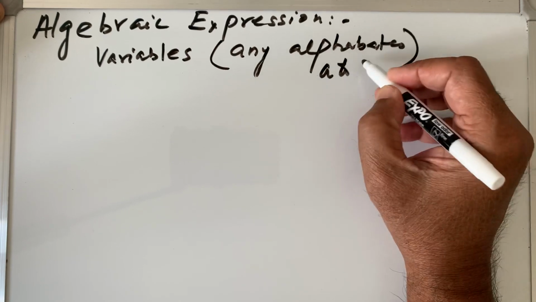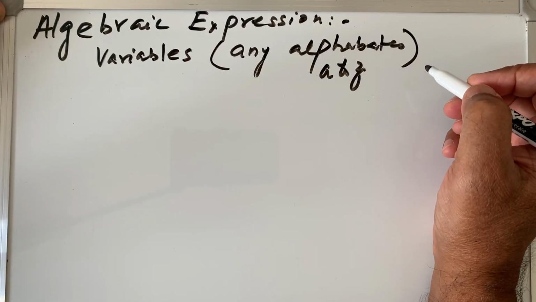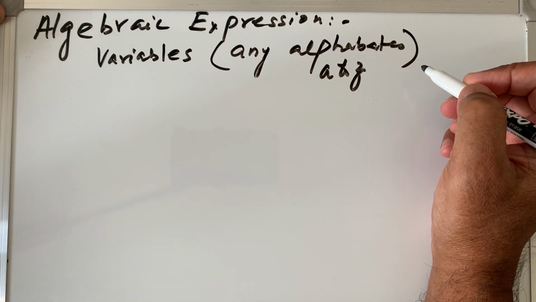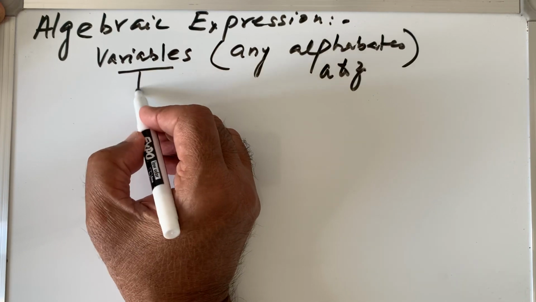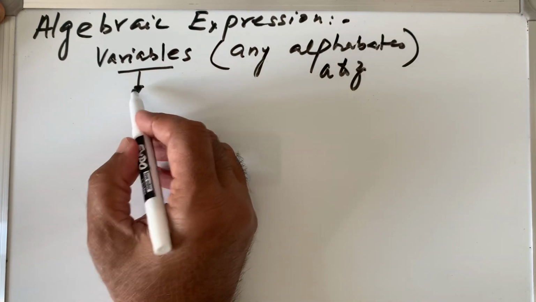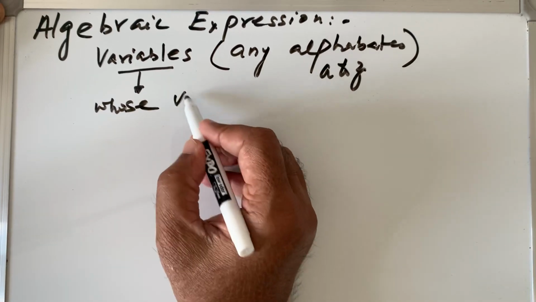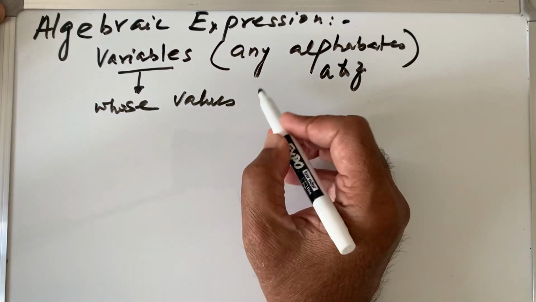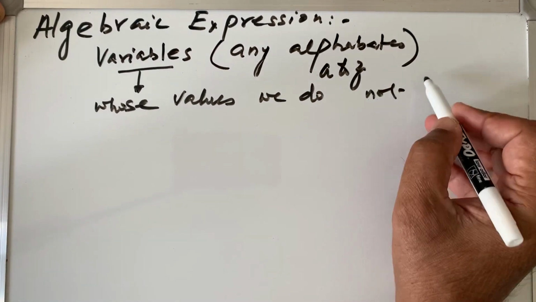A to Z. Anything which is involved in any expression whose value we don't know is a variable. Variables are those numbers whose values we do not know.